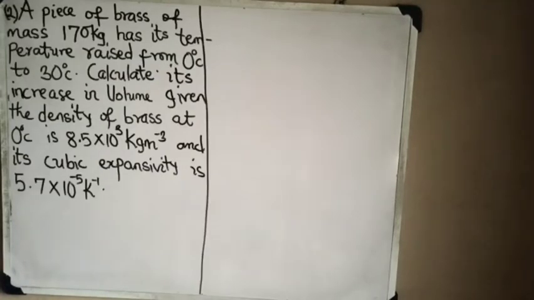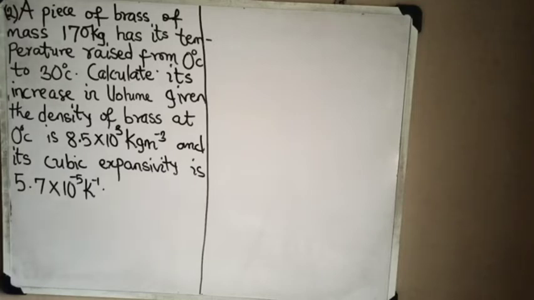Alright, here's another question that we are asked to solve. A piece of brass of mass 170 kg has its temperature raised from 0 degrees Celsius to 30 degrees Celsius. Calculate the increase in volume, given the density of brass at 0 degrees Celsius is 8.5 times 10 to the power of 3 kilogram per meter cubed, and its cubic expansivity is 5.7 times 10 to the power of negative 5 per Kelvin.